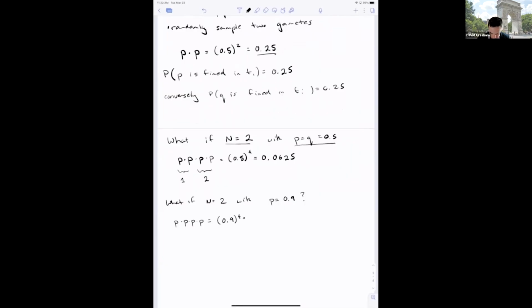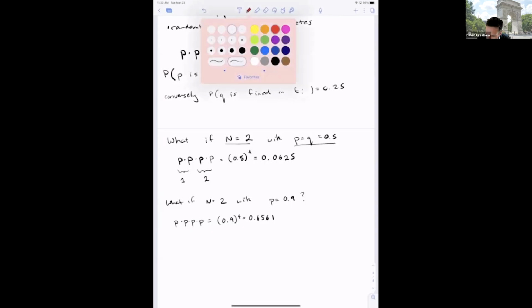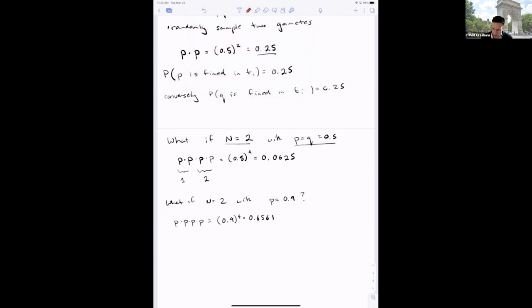So that is equal to 0.6561. And so this simple scenario generalizes: given some allele frequency P to the power of 2n, because we have to make diploid individuals, multiplied by the number of individuals, this is equal to the probability of the allele going to fixation in one generation.